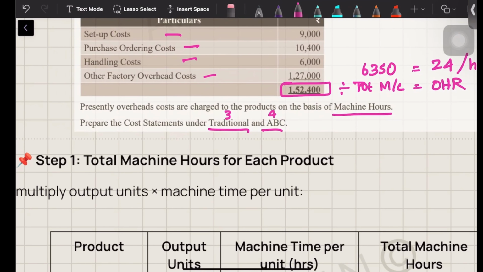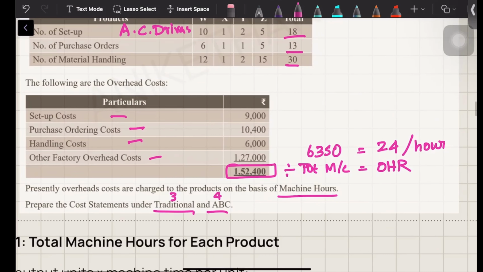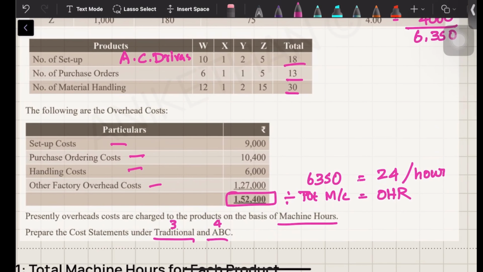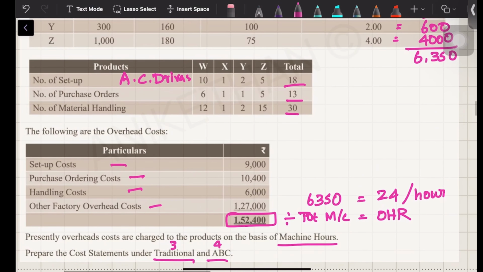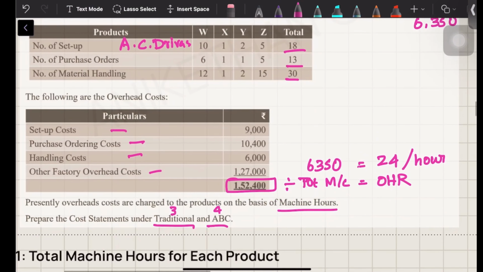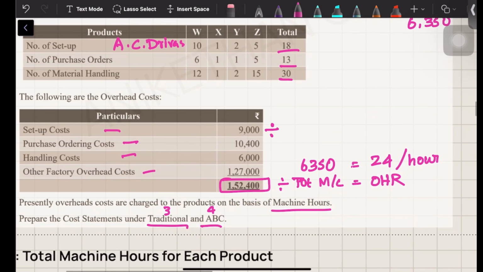Now ABC. For ABC I know which are the cost drivers. Setup cost, number of setups. So I have to calculate the driver rates. How do I calculate driver rates? Divide the cost by the total number of activities. So 9000 divided by 18 setups gives 500 per setup.